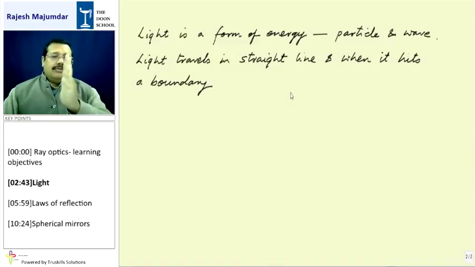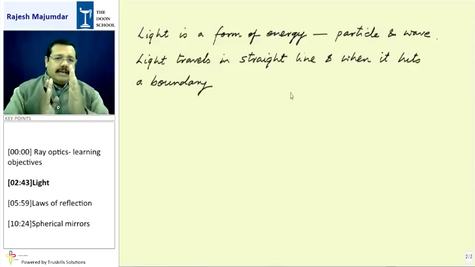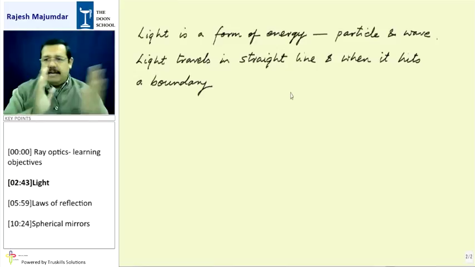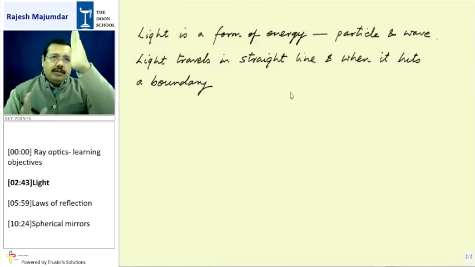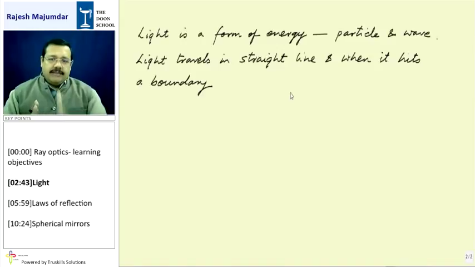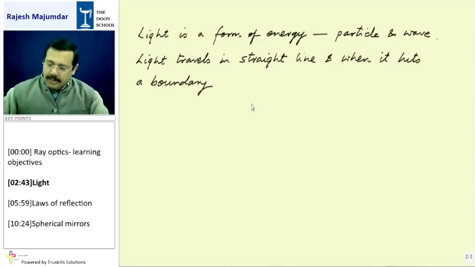Boundary means there is a distinct layer about which there is a difference in the medium. It can be air and glass, air and water, glass and water, vacuum and air, or anything. So there is a distinct demarcation surface about which the media are different. So it hits and bounces back.